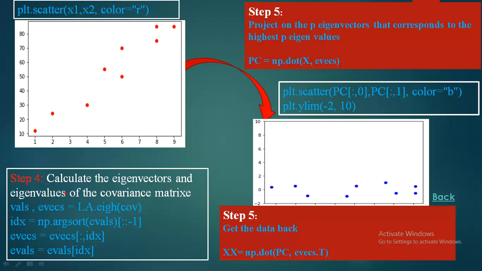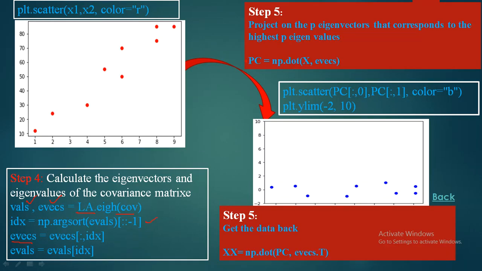So LA dot eigh of the covariance matrix. So you will get eigenvalues and eigenvectors. Now you sort the eigenvalues in decreasing order, non-increasing order. Similarly, you sort the eigenvectors also.